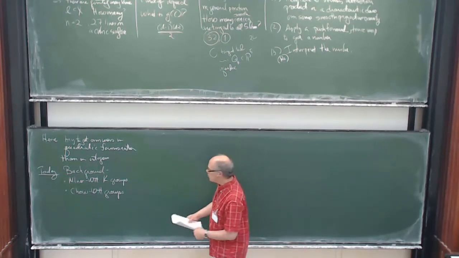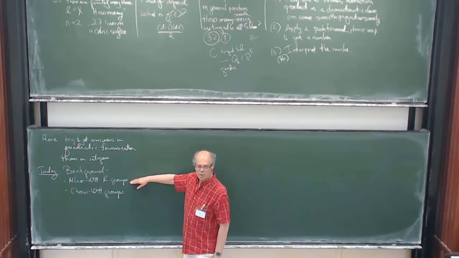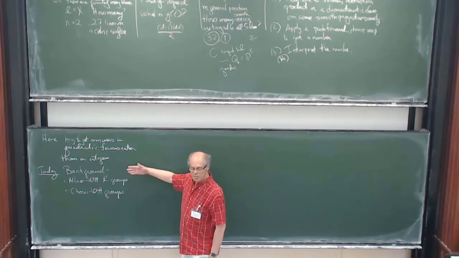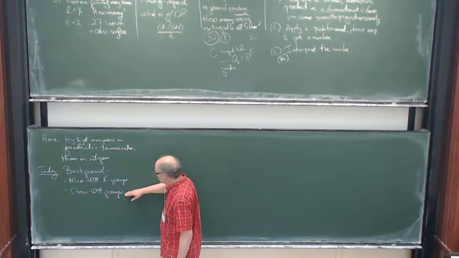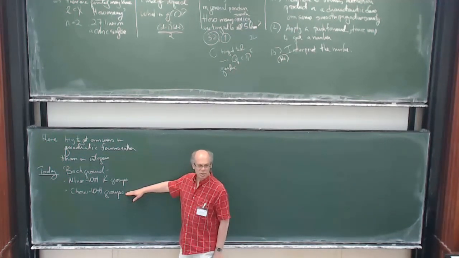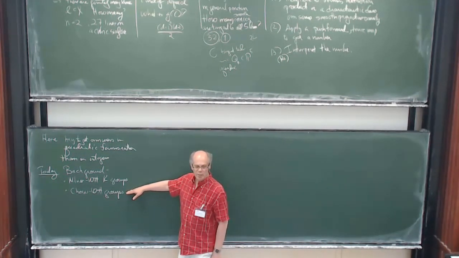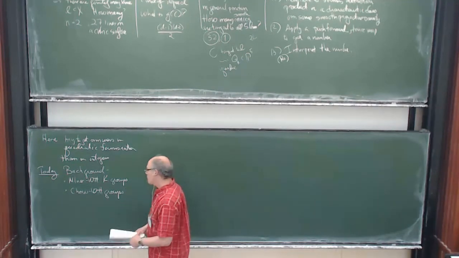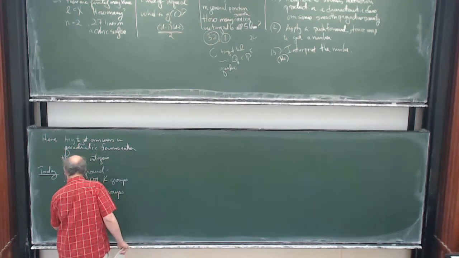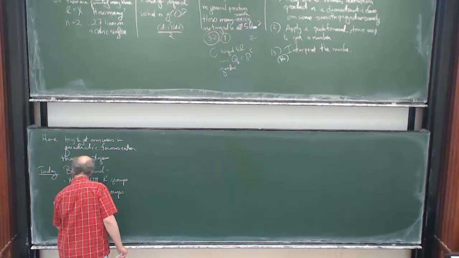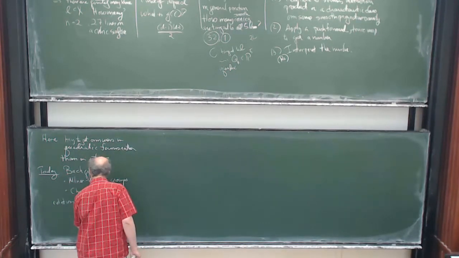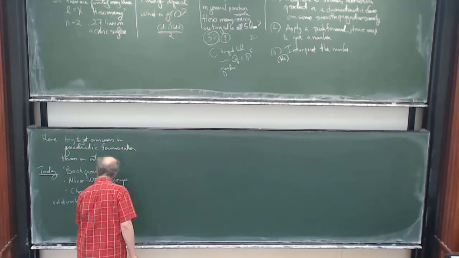This is, if you might call it, a quadratic refinement of the Milnor K groups of a field. I'll explain what those are. And these are quadratic refinements of the Chow groups of cycles mod rational equivalence. And then talk about their relation, how these fit to motivic stable homotopy theory, SH of K.